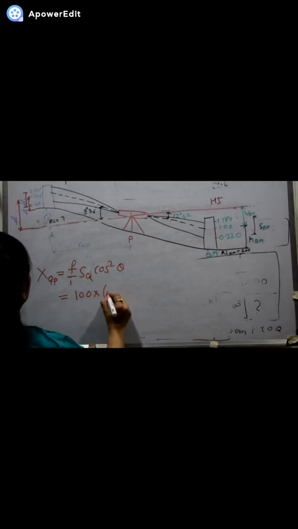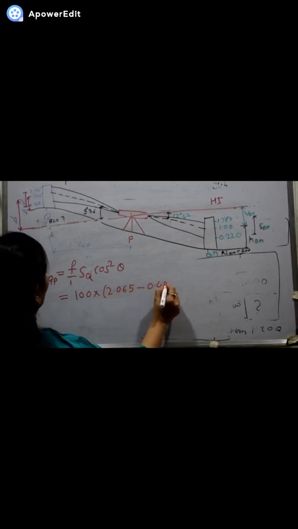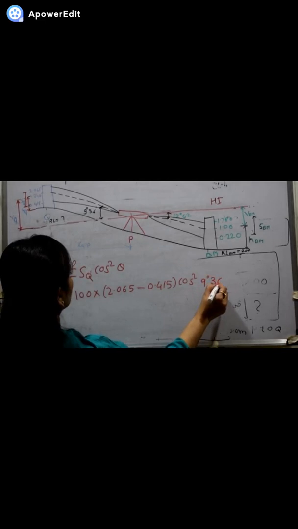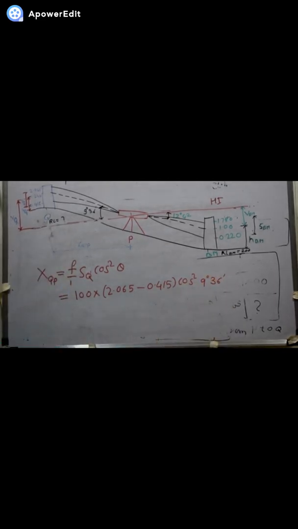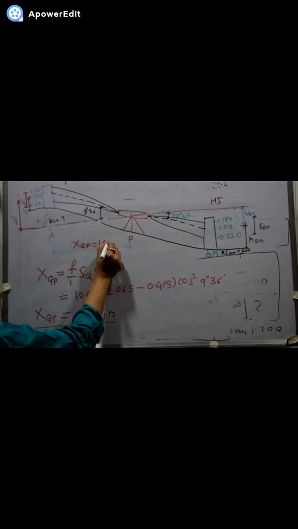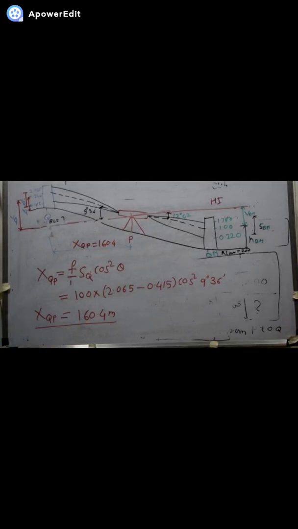Now S of Q is 2.065 minus 0.415, cos square 9 degree 36 minutes. If we do the calculations, the value comes as 160.4 meter. So horizontal distance XQP is 160.4 meter. In this case, we have calculated one asked parameter.